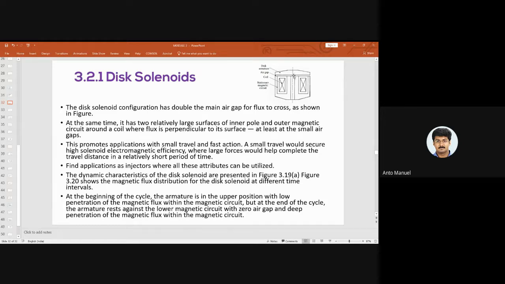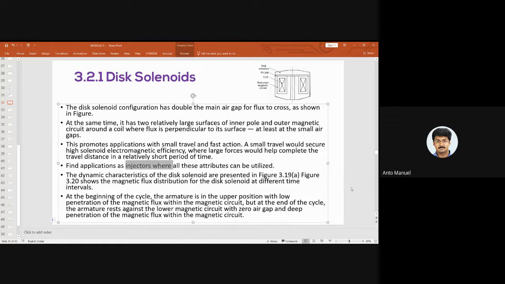Due to the small air gap, our system is capable of handling rapid responses and rapid activations. So this solenoid is normally used for injectors, such as injectors in fuel pumps and in printing devices.